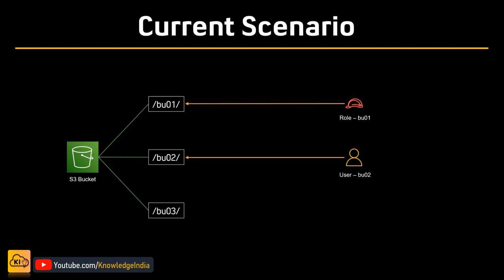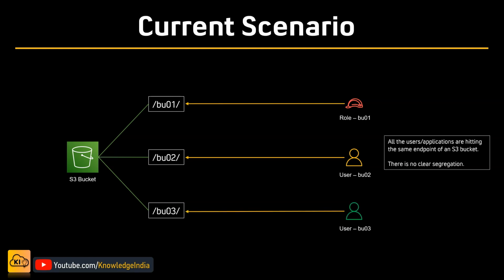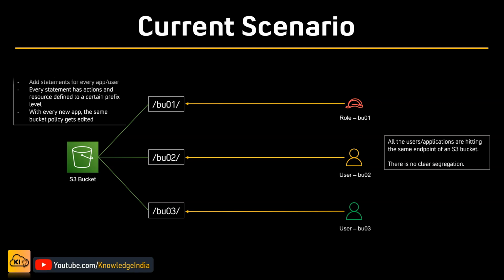There's a user or group of users in business unit 2, and so on and so forth. So what happens is, all the different business unit users, whether it is from business unit 1, 2, or 3, all of them are actually hitting the same S3 endpoint, right? That is the first problem. So there's no clear segregation. All of them are hitting the same S3 endpoint.